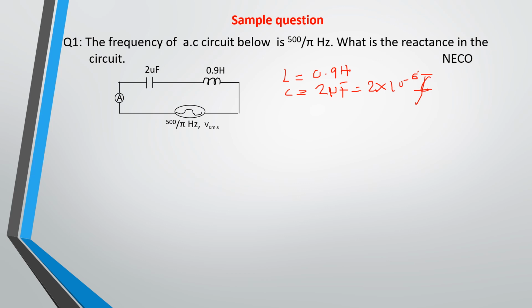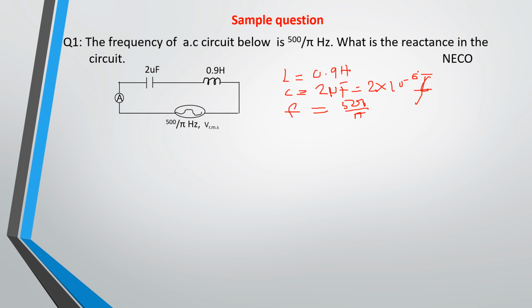The frequency is given to you to be equal to 500 over pi. Fine. Now you are asked to find the reactance of this particular circuit.